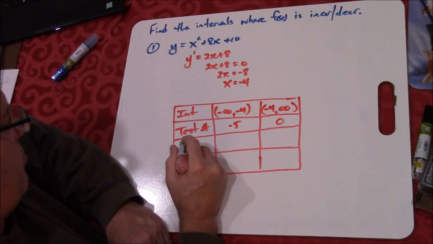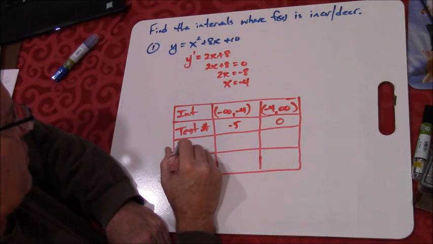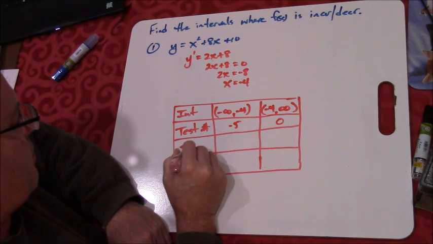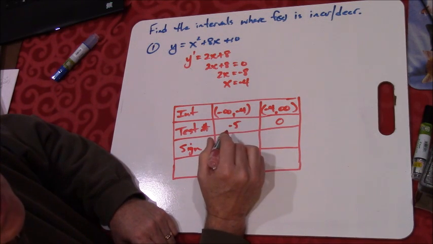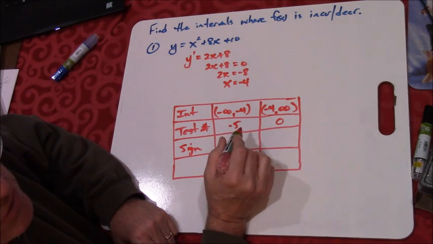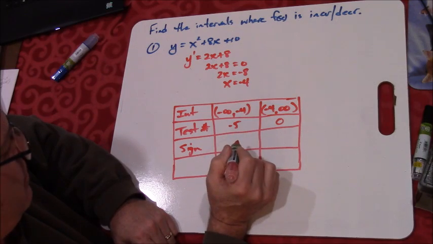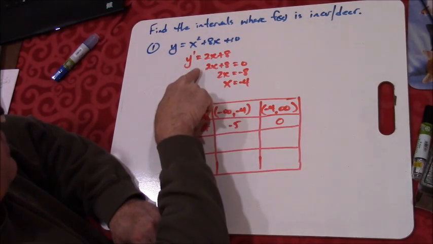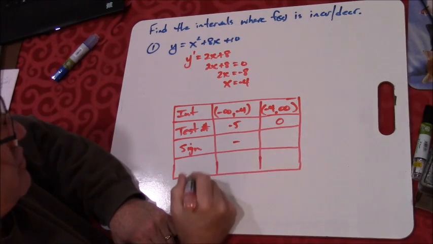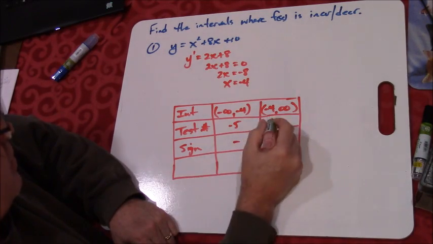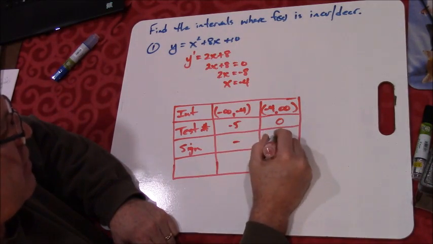And then we're going to plug it back into the first derivative and check the sign. Remember, if the derivative is negative, that's where we're decreasing. And if the derivative is positive, that's where we're increasing. So I'm going to put negative 5 back into the derivative here. I get negative 10 plus 8, that's a negative value. If I plug a 0 in, I get positive 8.